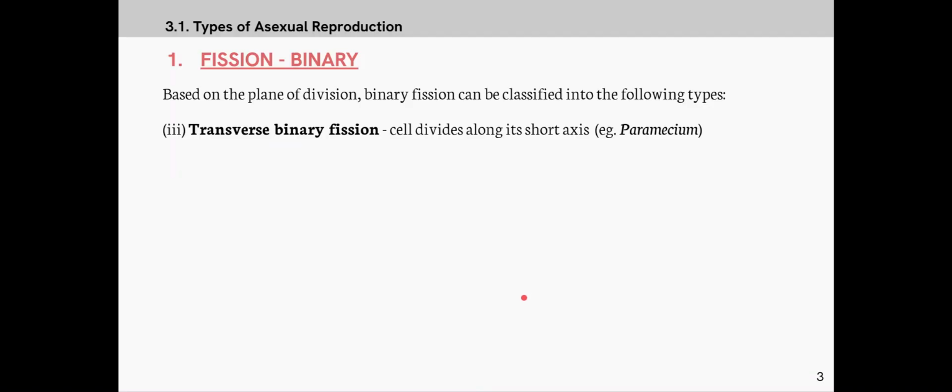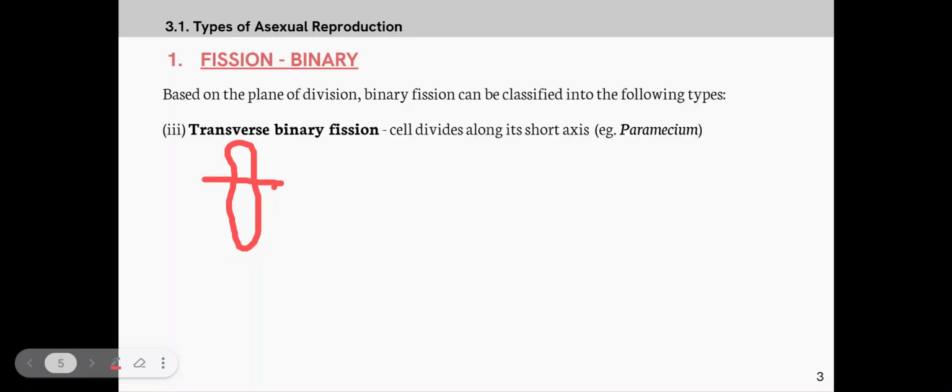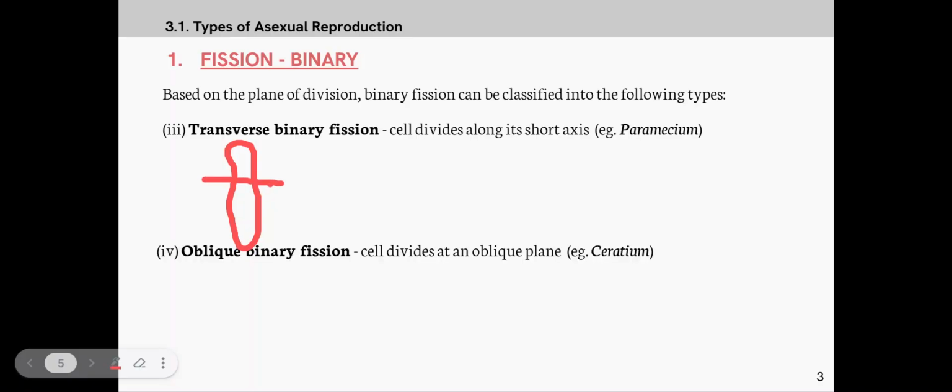Thirdly, we have transverse binary fission, where the cell divides along the short axis. Example, paramecium. In case of paramecium, the cell division is transverse. And lastly is the oblique binary fission, where the cell divides at an oblique plane. Example, ceratium. So if I have to draw the organism roughly with its flagella, the division is oblique.